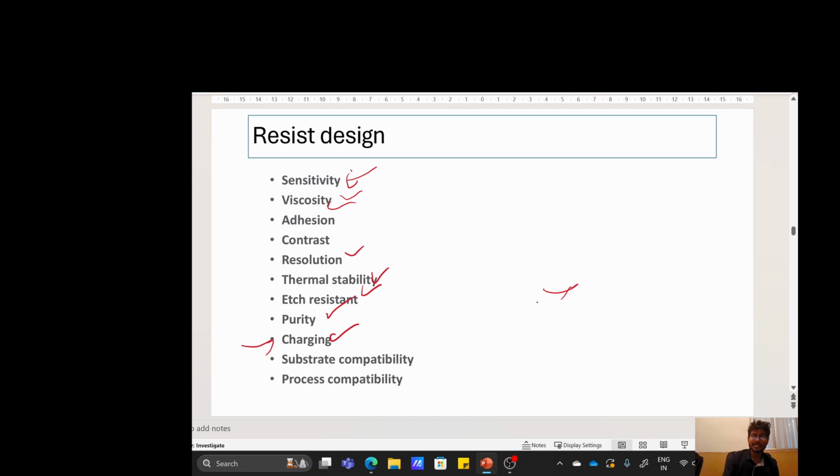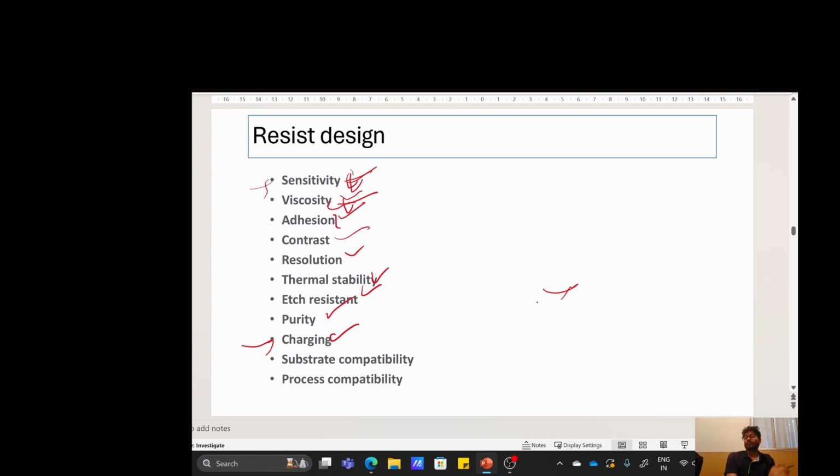The sensitivity of the photoresist, how sensitive it is to outer conditions like humidity and light, matters a lot. The viscosity of the photoresist during spin coating determines how thick the resist will be. Also adhesion: if there is no adhesion there is no point of coating the photoresist, because it will get removed during the development, and you won't see any pattern over the wafer.